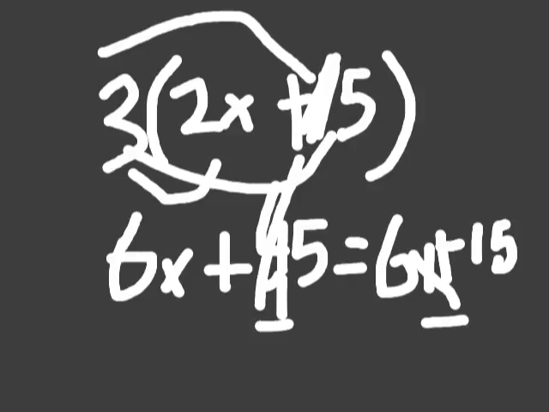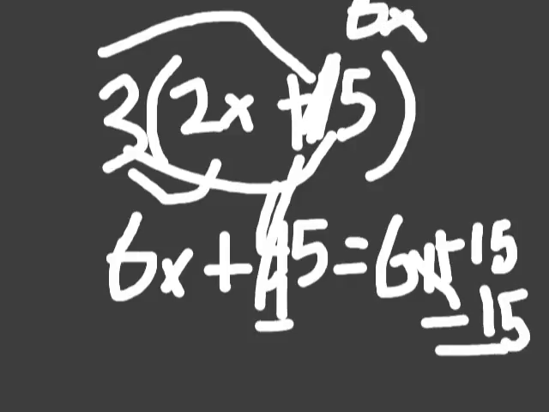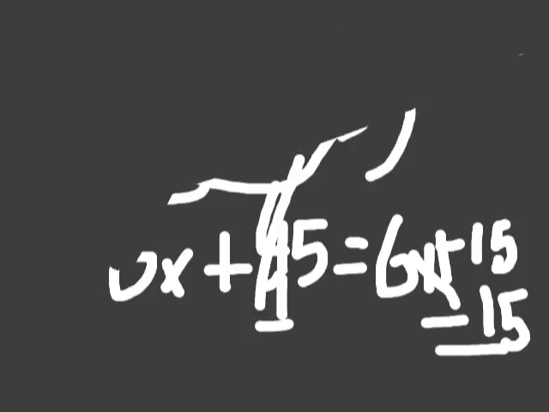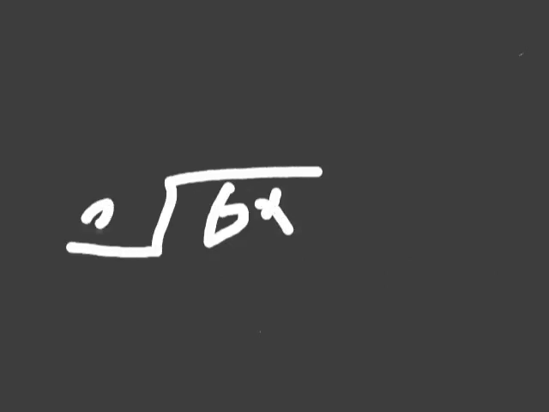You would subtract 15 on both sides, making the answer 6x equals 6x. And of course, 6x divided by 6x equals 1.